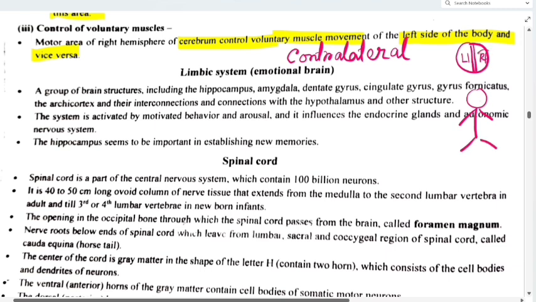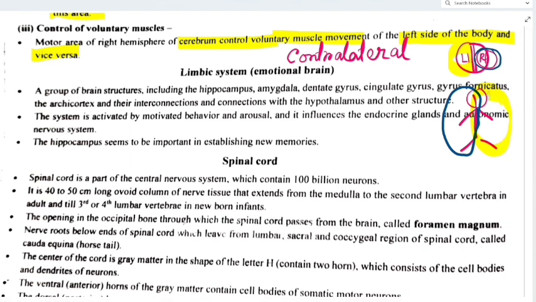So your right side of your hemisphere will control your left side of your body, and if it is left side of hemisphere, then it is controlling your right side of the body. Now it is clear. So hope you have understood. This is the contralateral thing.